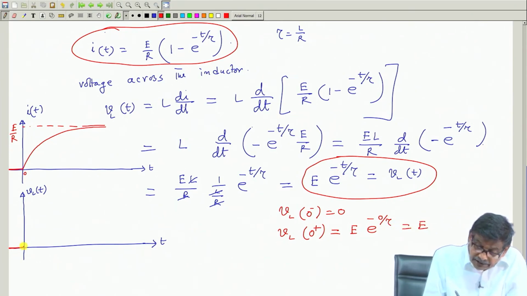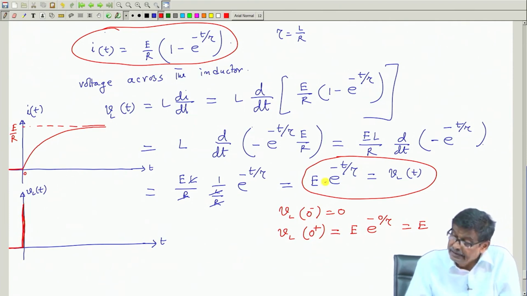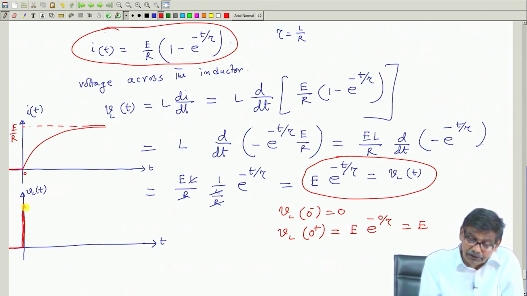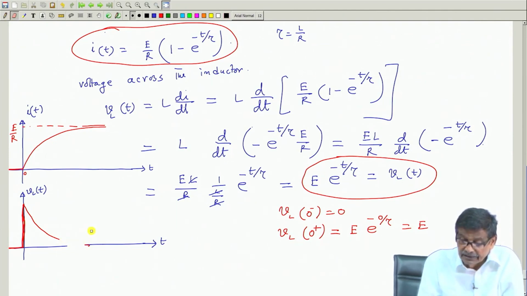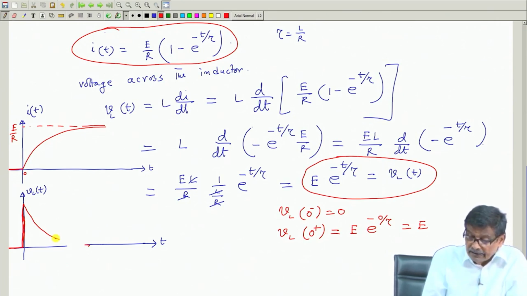Therefore, the voltage across the inductor will have a sharp jump at t equal to 0. It will grow up and then it exponentially decays. There is no DC term added to it, so it will decay exponentially, asymptotically, and it will be like this, going to 0 finally.